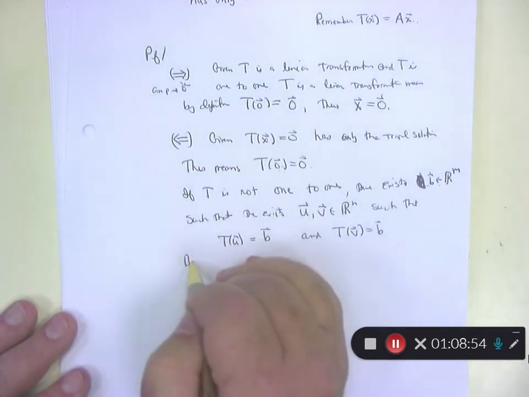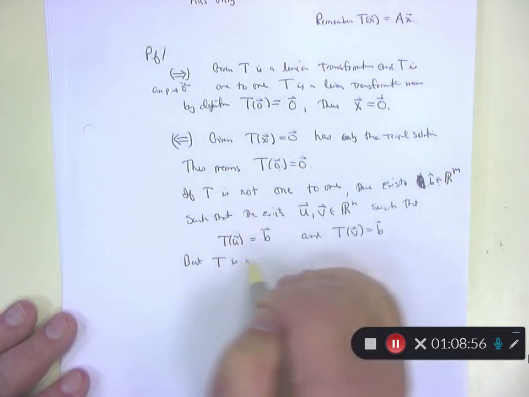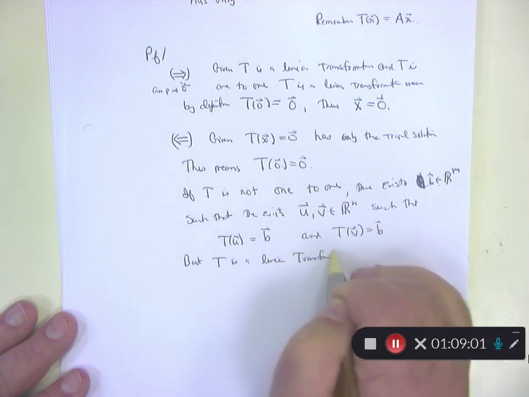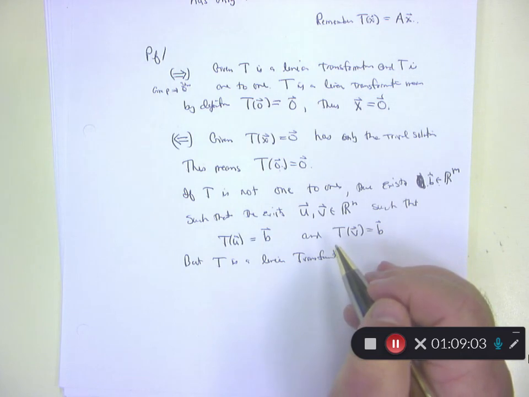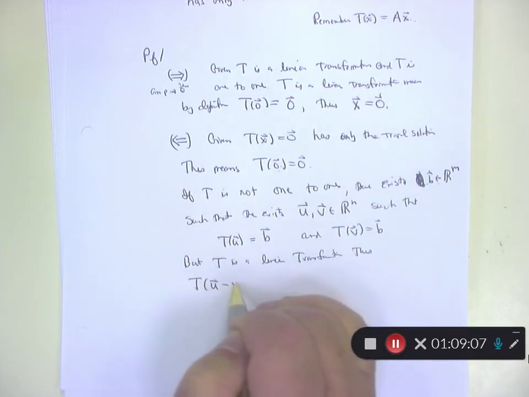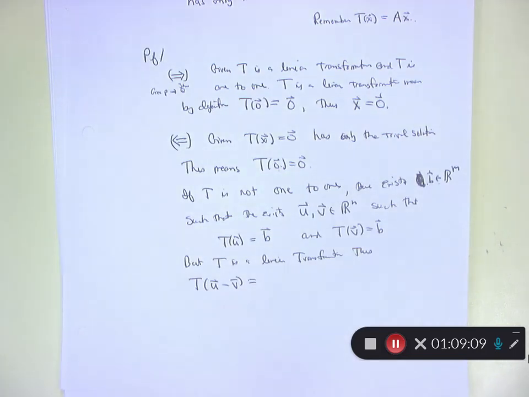But T is a linear transformation. Thus, who is T of u minus v going to be equal to? This is the quick, sharp part of it. With a linear transformation, for lack of a better term, you get to distribute.